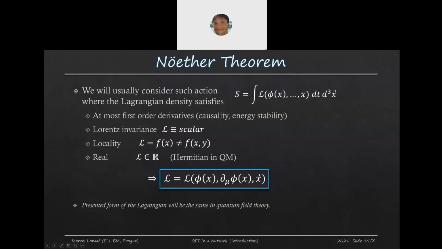While these four requirements give us such a form, we can also forget about the dependency on the position. So this presented form of the Lagrangian will be the same as in quantum field theory. Now we're at the classical level, but already we are restricting our theories in classical and quantum field theory.